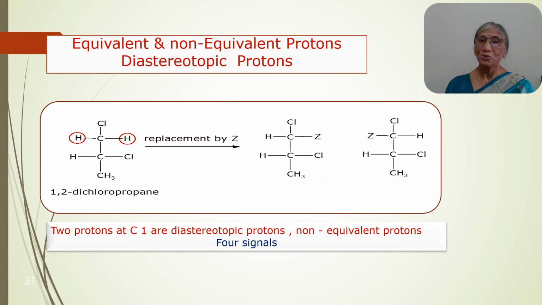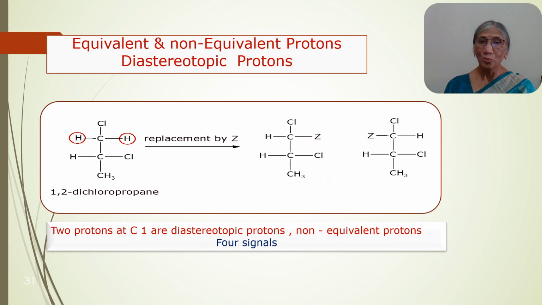And Fischer projection formulas are eclipsed structures. They are not staggered structures. So when you rotate at the single bond between carbon number 1 and 2, it will become staggered. So you cannot write Fischer projection formula of a staggered structure. So any rotation at the carbon-carbon single bond will not produce enantiomers.